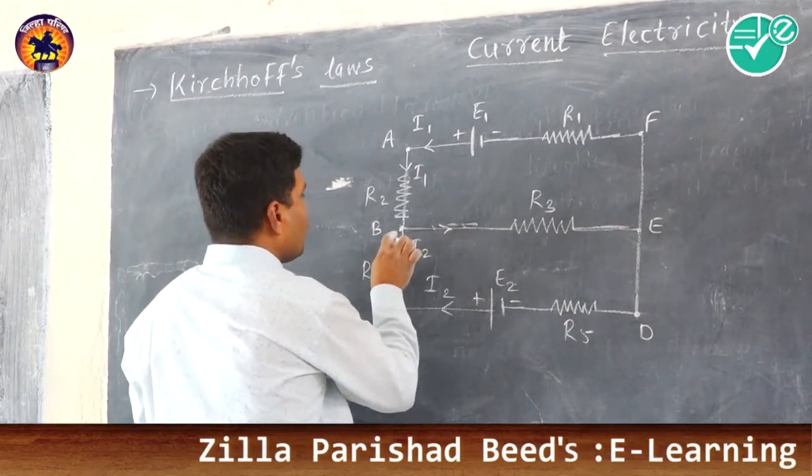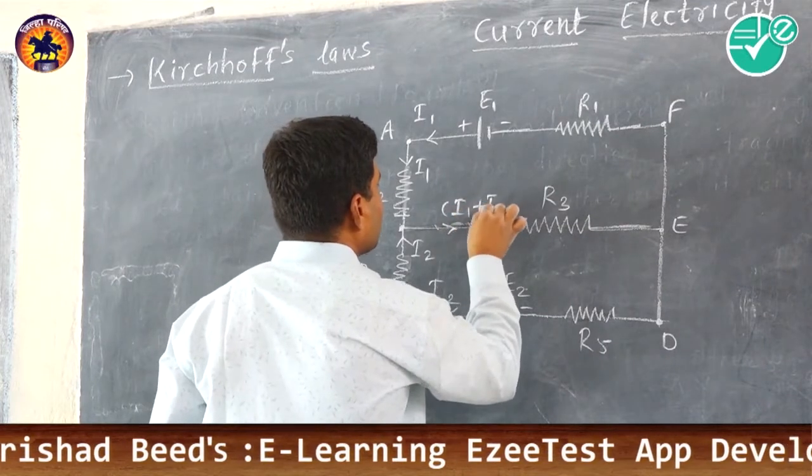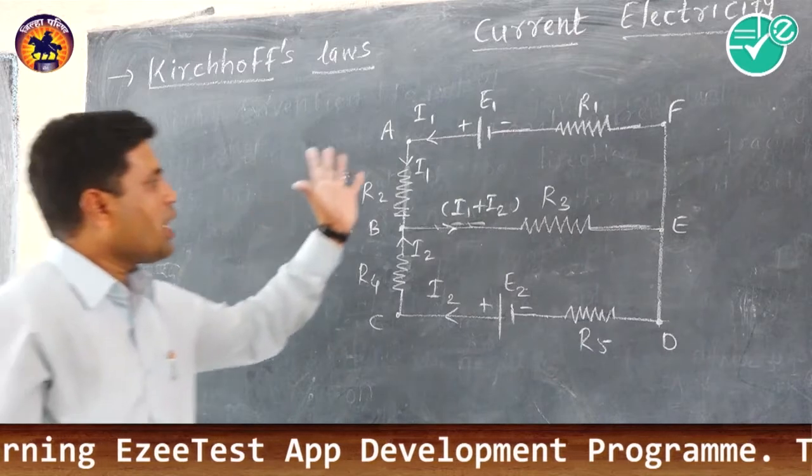And the current flowing from B to E is nothing but the summation of the two currents, that is I1 plus I2. So this is the diagram.